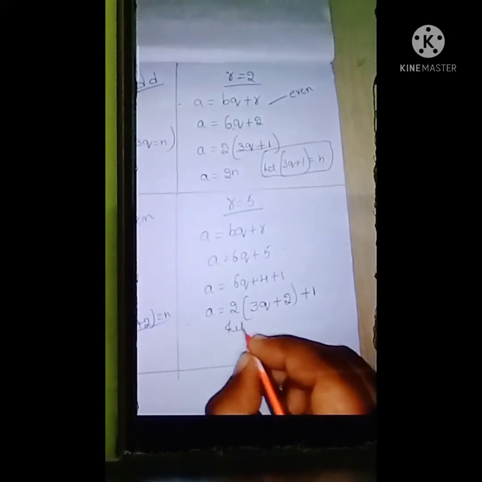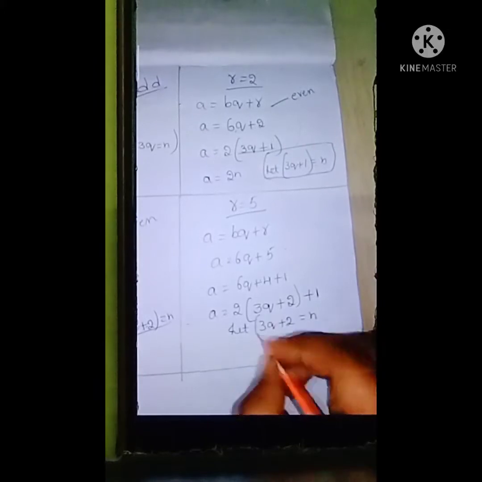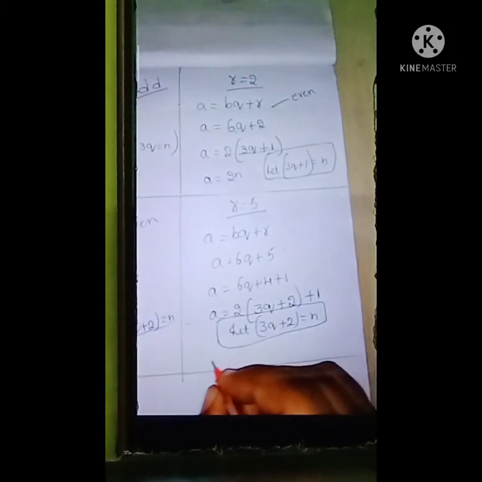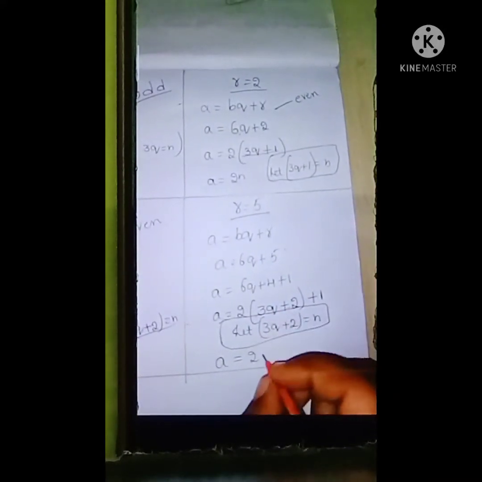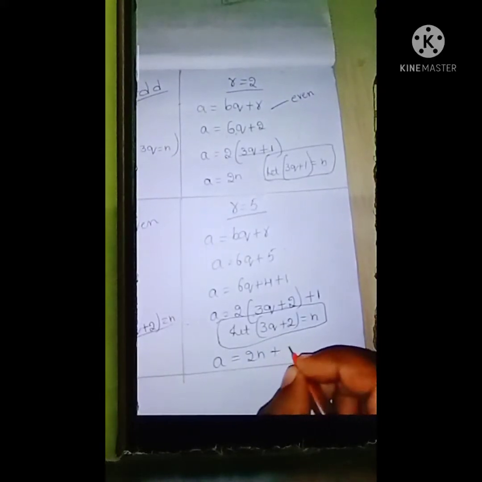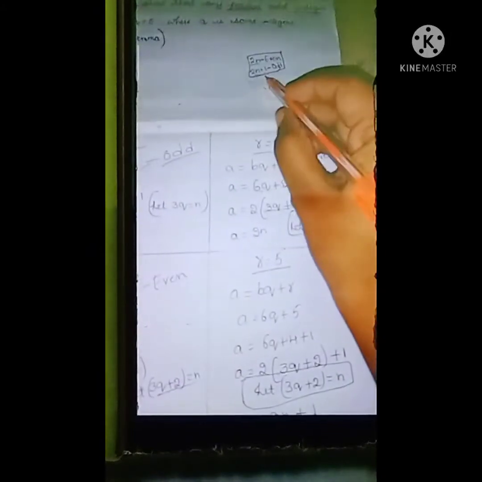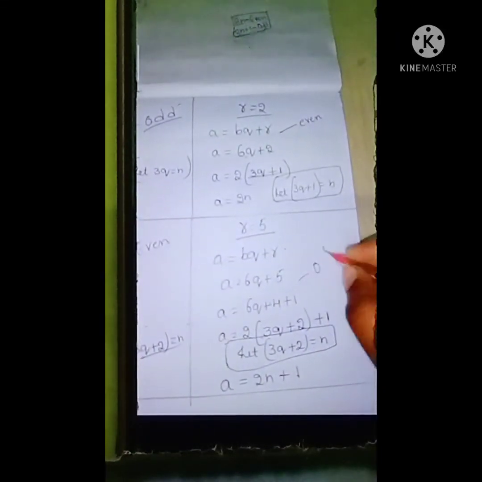Let 3Q plus 2 be equal to n. Then A becomes 2n plus 1. Right. Therefore we can say it is an odd number.